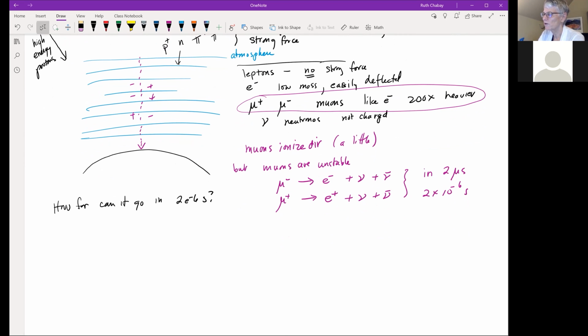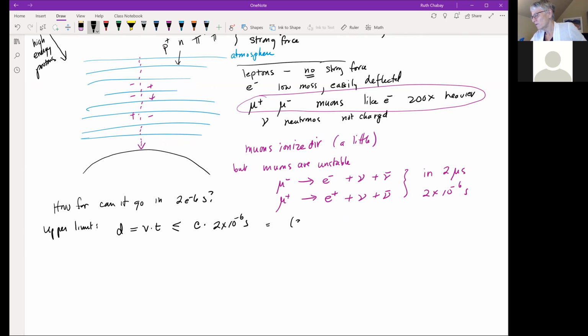So let's put an upper limit. The distance is approximately, we'll say the distance is the speed times the time, of course. So let's say it's less than or equal to the speed of light times 2 times 10 to the minus 6 seconds.